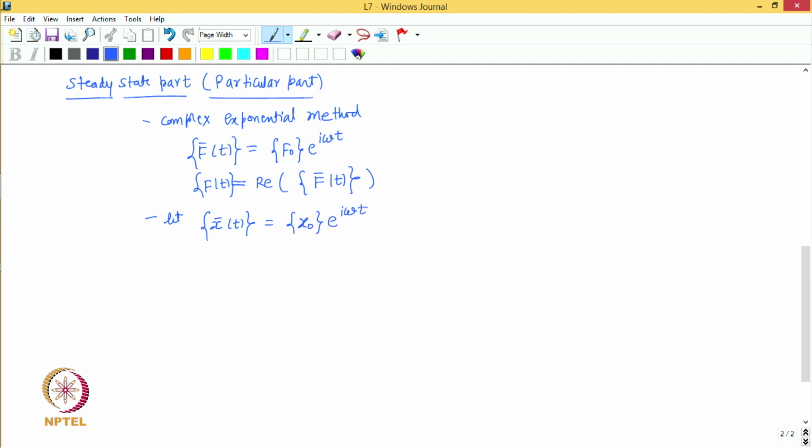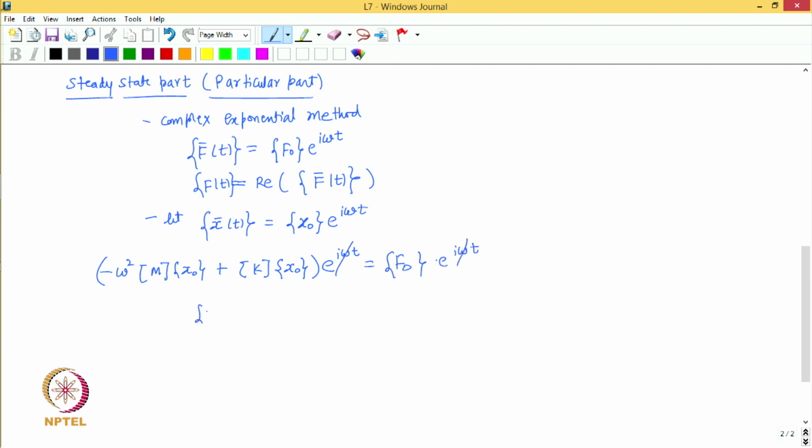And now we substitute these into the equation of motion, then what do we get? We get minus omega square M plus K, times x naught, e to the power i omega t, is equal to F naught e to the power i omega t.